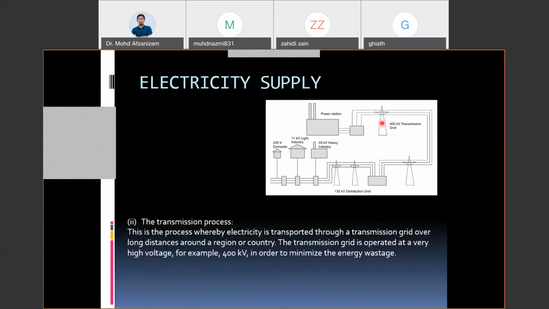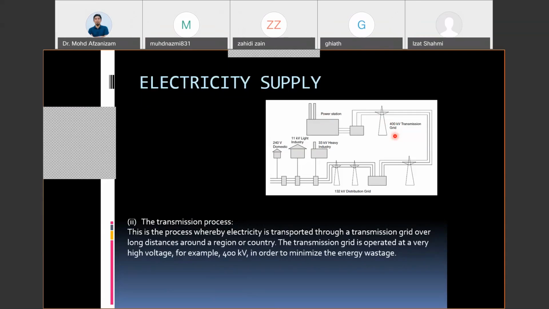Next, the transmission process. This is the process whereby electricity is transported through the transmission grid over long distances around a region of the country. The transmission grid is operated at a very high voltage, for example 400 kV, in order to minimize energy waste.